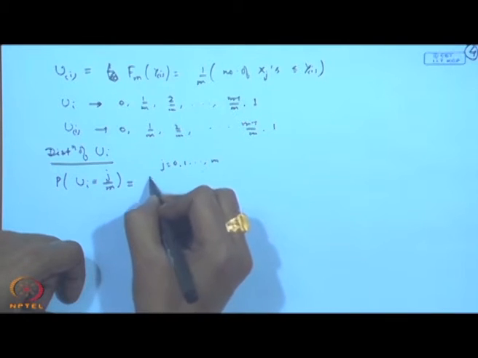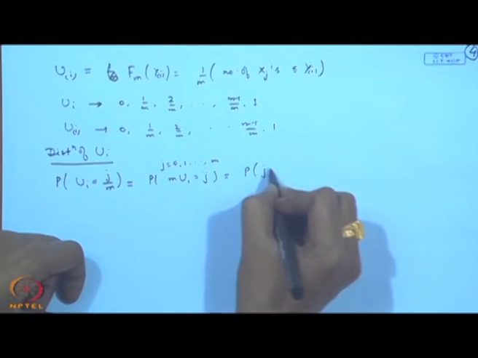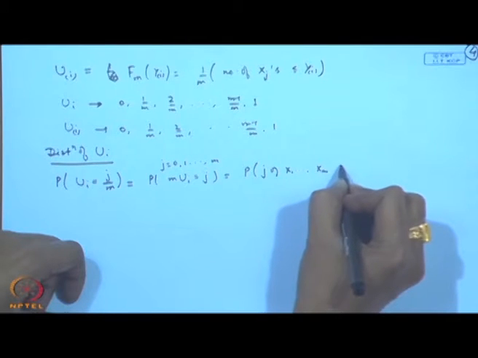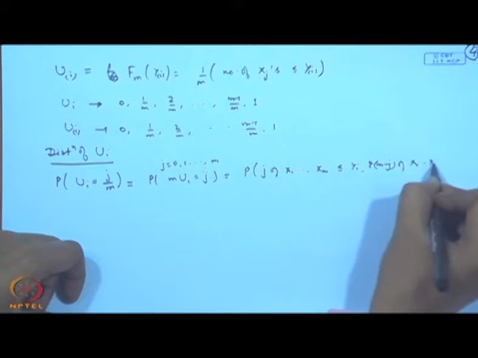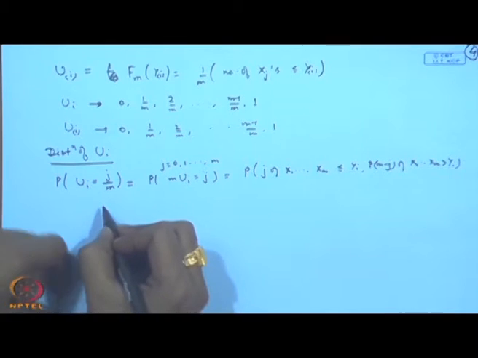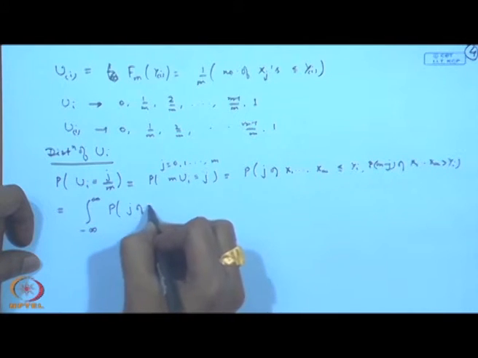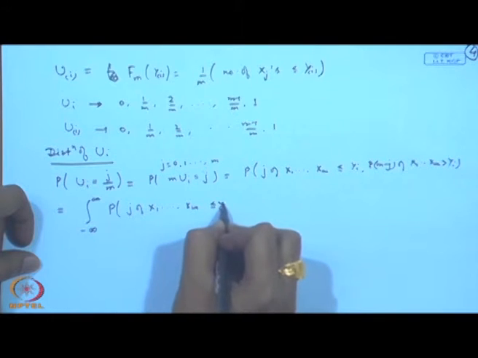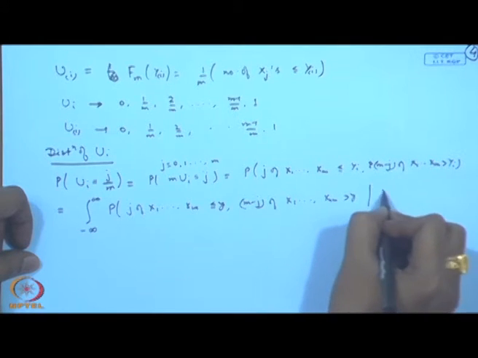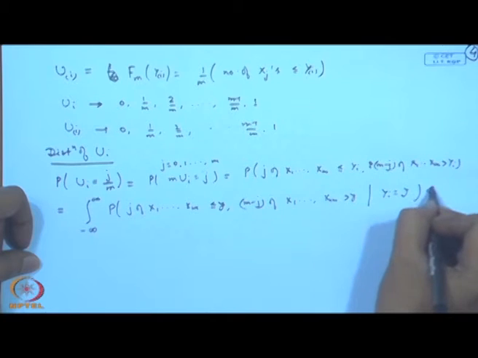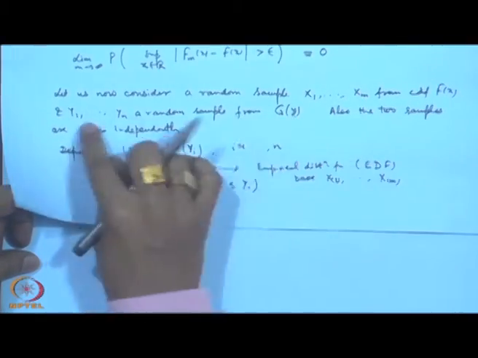So, this is equal to the probability of m times u_i is equal to j, that is equal to the probability that j of x_1, x_2, x_m are less than or equal to y_i and m minus j of x_1, x_2, x_m are greater than y_i. So, this you can write as the integral of the probability that j of x_1, x_2, x_m are less than or equal to y and m minus j of x_1, x_2, x_m are greater than y, given that y_i is equal to y, say dG(y), where capital G was the distribution function of the second sample.